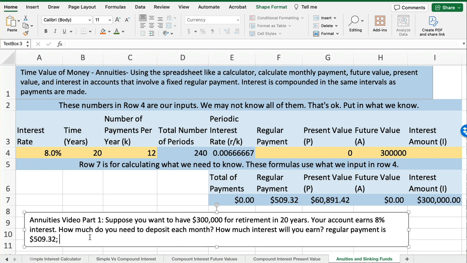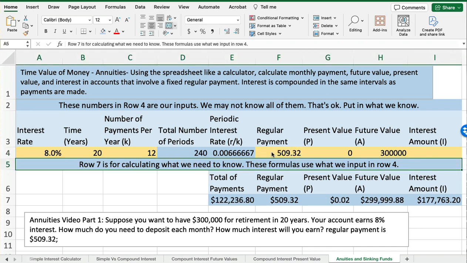And right now the interest amount is not correct, because we haven't copied the regular payment from the calculated value down here up into cell F4. So we're going to do that. 509.32. Hit enter. There's our regular payment. And now our interest amount has been calculated.